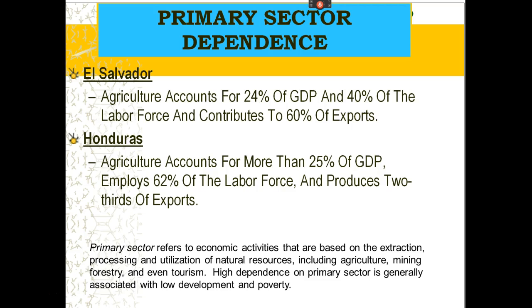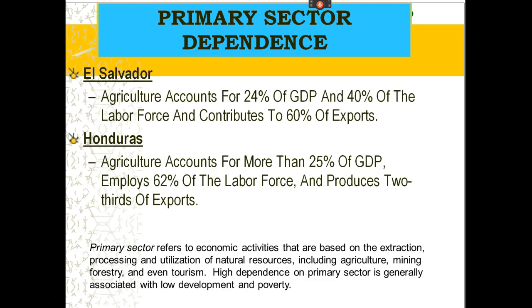We see a dependence on the agricultural sector, and this is reflected by the numbers that are shown here. For example, in Honduras, we see 25% of the gross domestic product, but over 60% of the population working in agriculture.